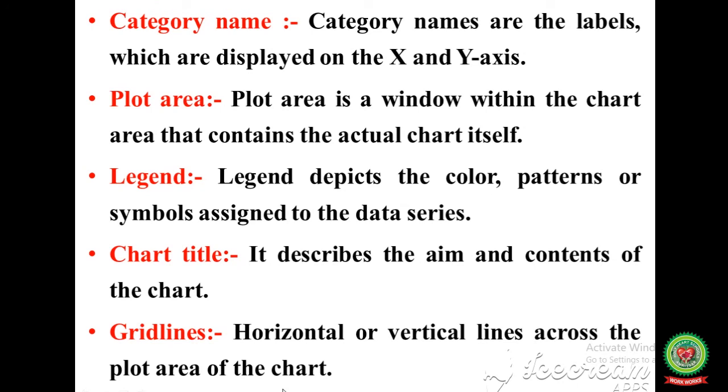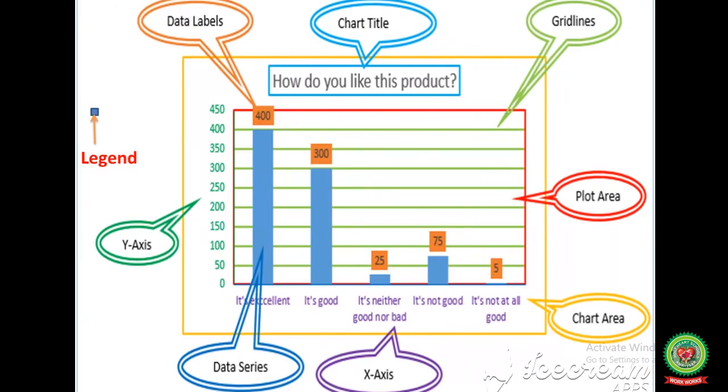Students, now I am going to repeat the names of the chart components. Number 1 is chart area. This full window of the chart is called a chart area. Next, this is a plot area. This red color outline area you can see in this picture. This is a plot area.